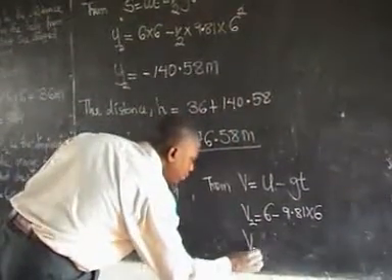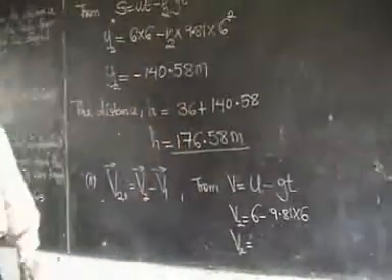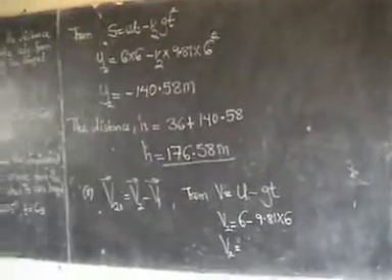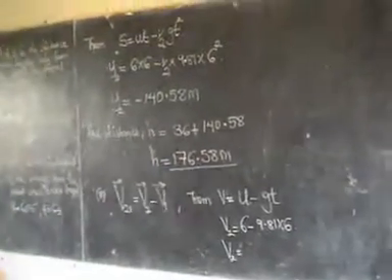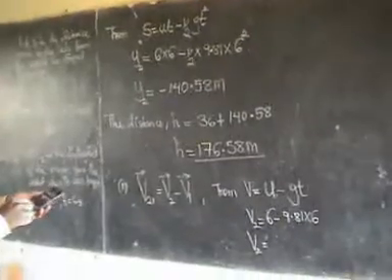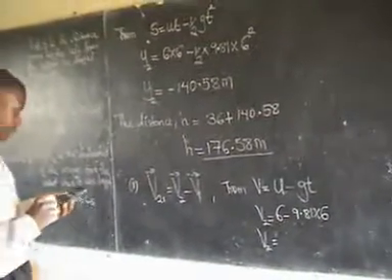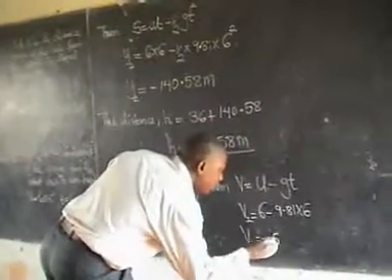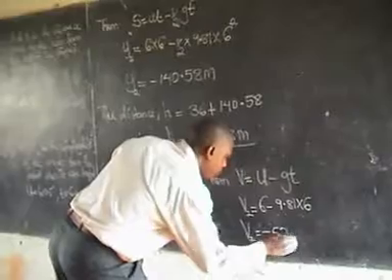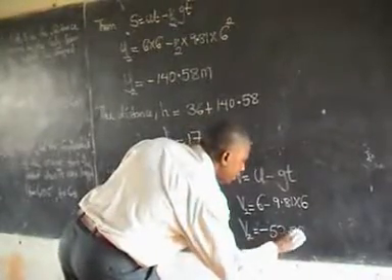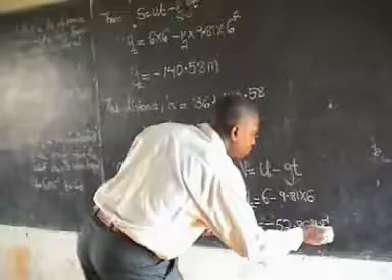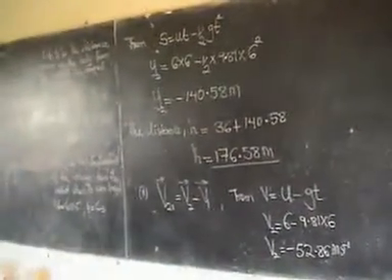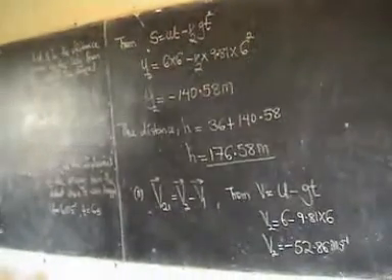So we shall have our v2 equal to negative 52.86 meters per second. The negative is an indicator that the body is moving downwards, so we shall be taking the velocity to be negative.